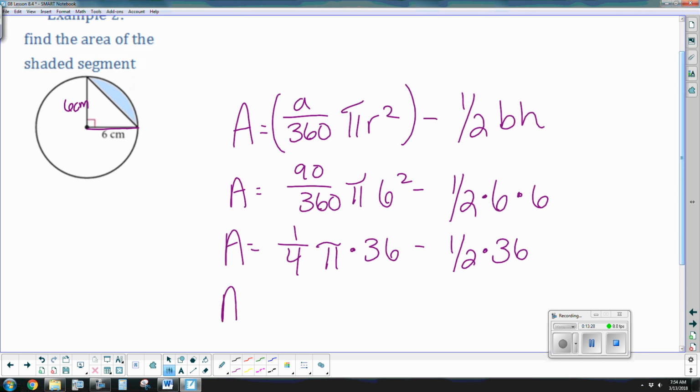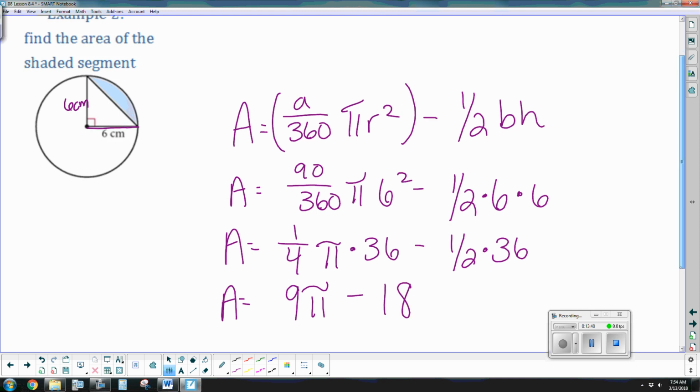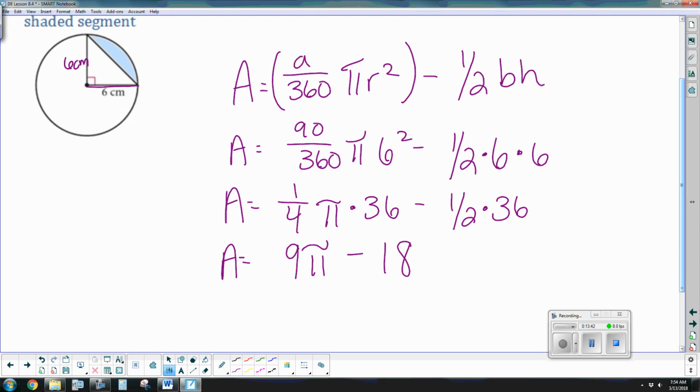And to simplify even further, 1/4 times 36 is 9. So 9 pi minus 1/2 times 36 is 18. So our area is equal to 9 pi minus 18, or our area is approximately equal to 10.26 centimeters squared.